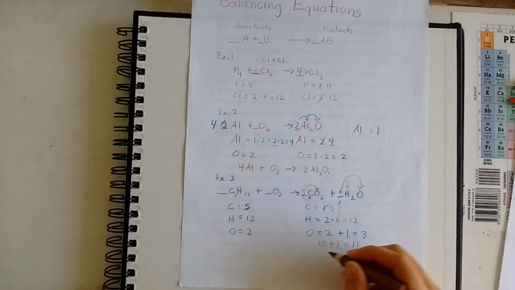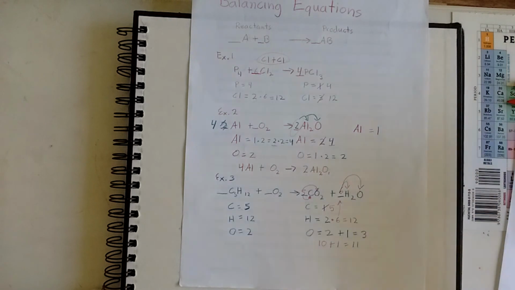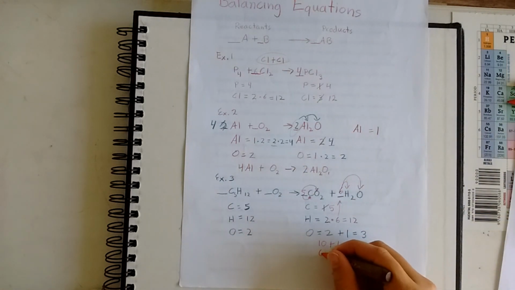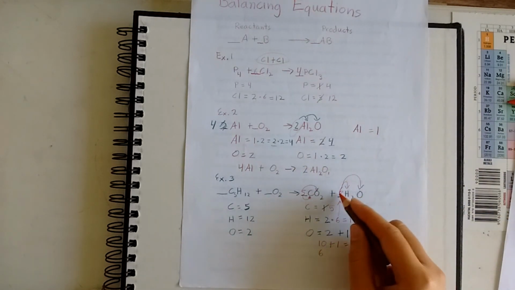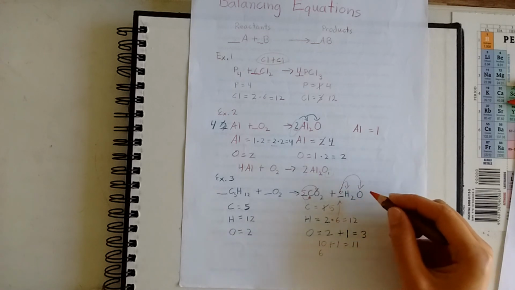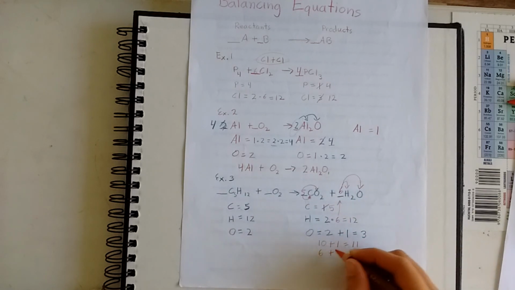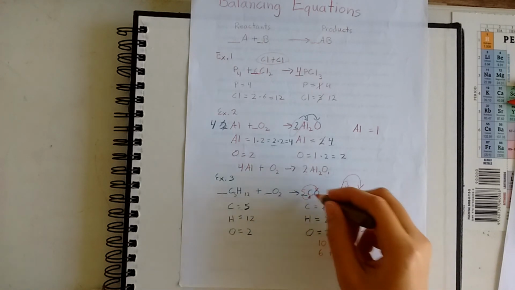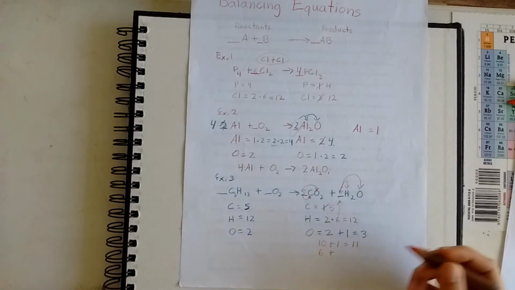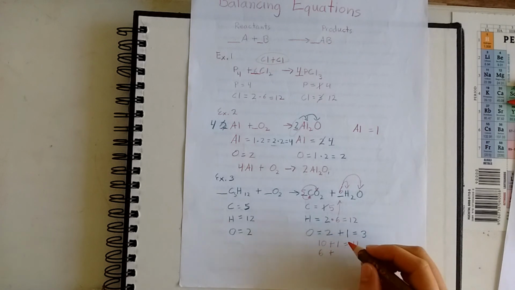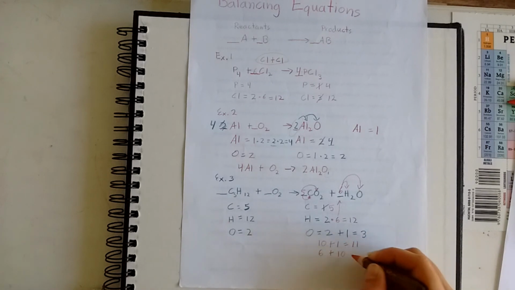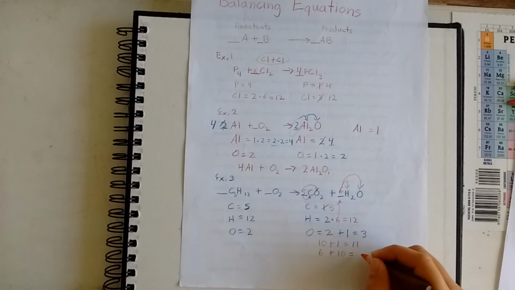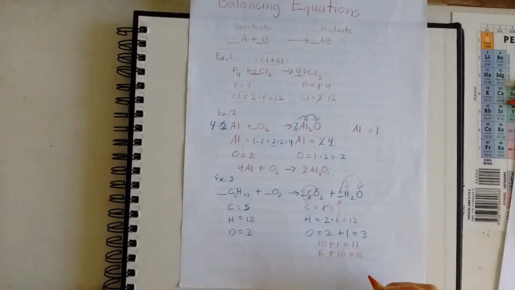So we have 6 here, right? 6 times 1, right? There's an imaginary 1 here. Plus, remember we have some oxygen here. So 5 times 2, we knew from our previous count that it was 10. So now 6 plus 10 is 16.